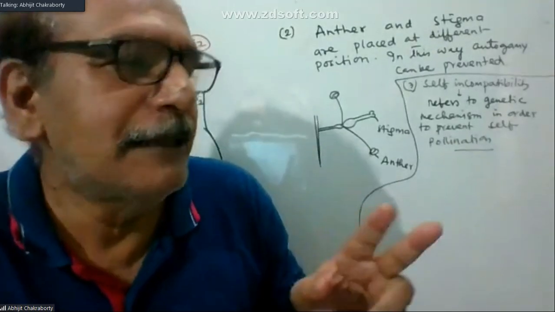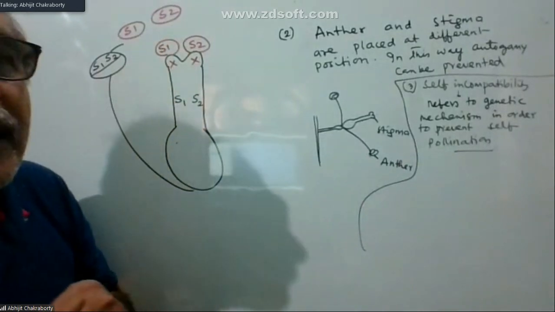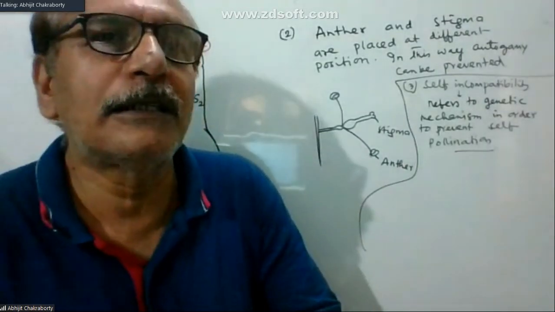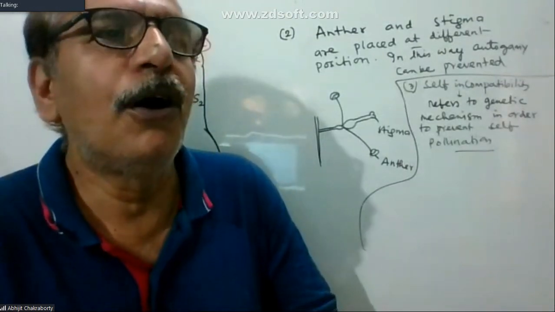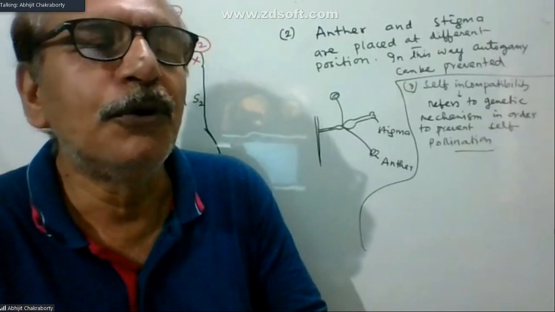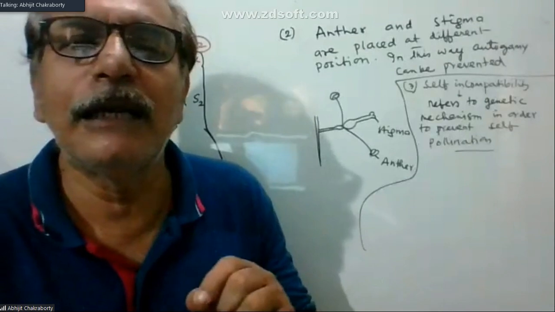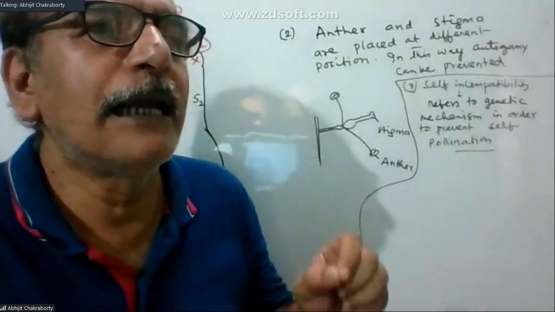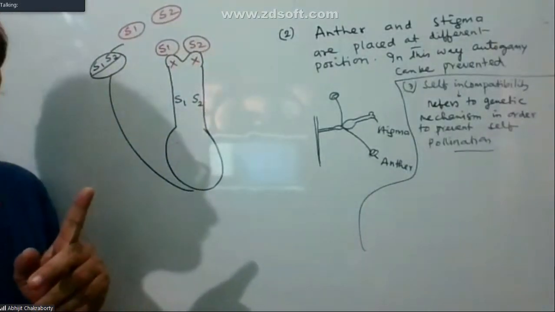That means if here it is S1, and the pollen grain is also S1, then the stigma is not stimulated to release the stigmatic fluid, or the chemical dialogue cannot be developed between these two to facilitate the release of stigmatic fluid. Until stigmatic fluid is released, the pollen grains can't start germinating. Are you getting me?